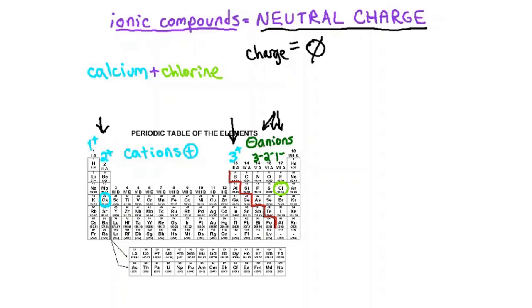But remember, in an ionic compound, we always write the metal first, which is calcium, but then we take the chlorine, the nonmetal, and we change that last syllable to "ide." So that gives us calcium chloride.